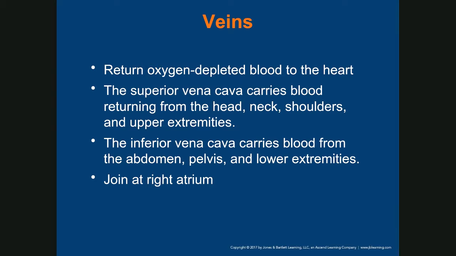The superior vena cava carries blood returning from the head, neck, shoulders, and upper extremities. The inferior vena cava carries blood from the abdomen, pelvis, and lower extremities. They join at the right atrium. So the inferior and superior vena cava join at the right atrium.